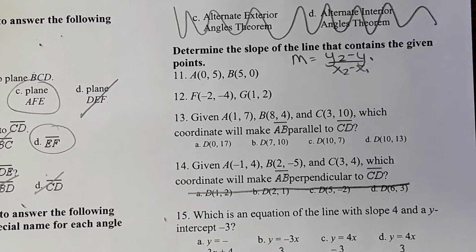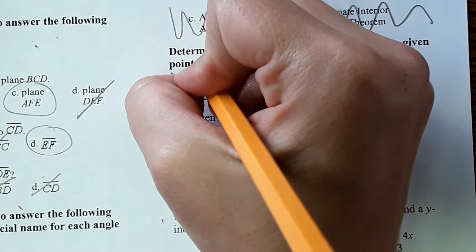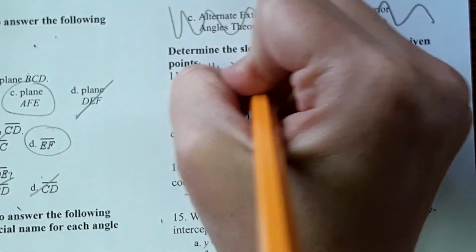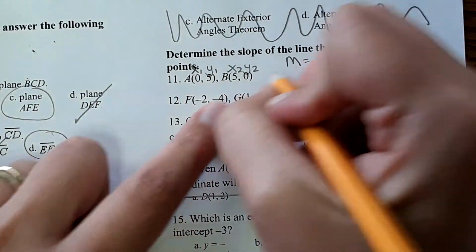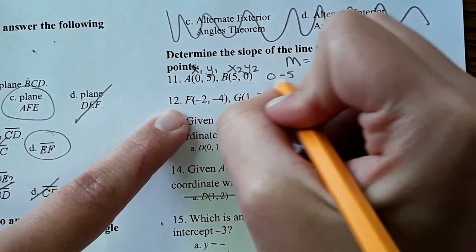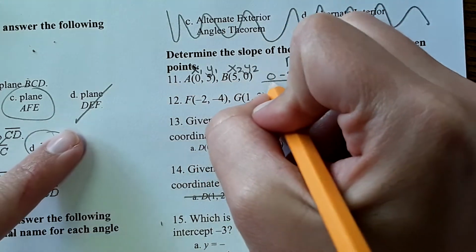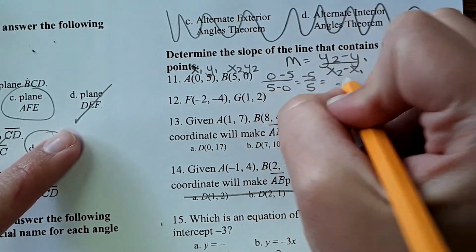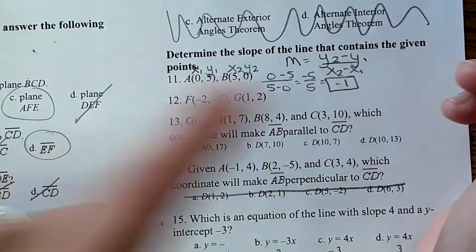And from here, you can use the equation to find slope. So for these points, this would be x1, y1, x2, y2, and we're going to use the equation. So it would be 0 minus 5, subtracting the y's, and then subtracting the x's. Negative 5 over 5 equals negative 1. So our slope is negative 1.